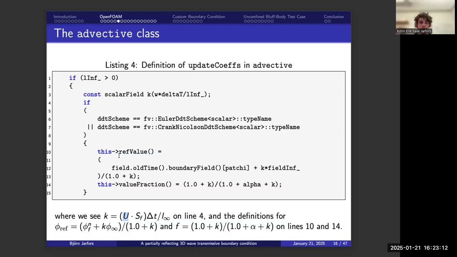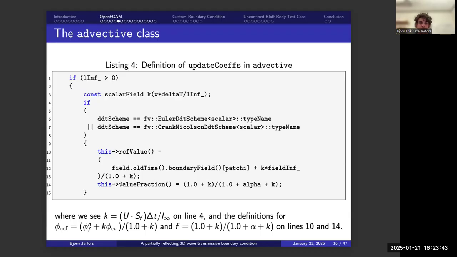After that, it will check what time scheme you're using. And for brevity, we just look at Euler DDT or Crank-Nicolson. And then it will update the coefficient ref value based on the old time plus the field inf, which is set, multiplied by the parameter k, and then divided by 1 plus k.